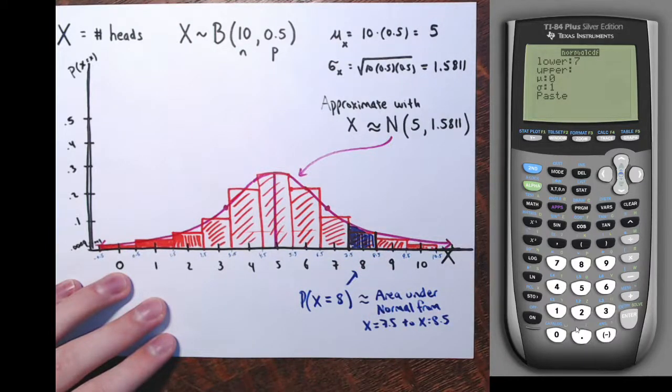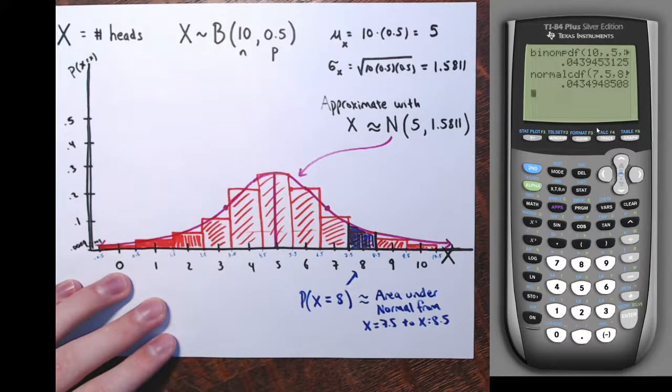So I enter 7.5 as my lower value, 8.5 as my upper value. The mean of this distribution was 5. And again, to be a little more accurate, the standard deviation, the square root of 2.5, right, the 10 times a half times a half.